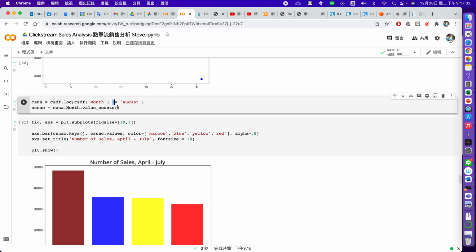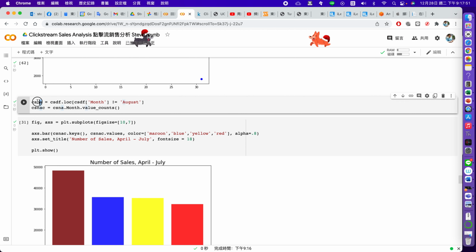It means not equal. So please retrieve the months not equal to August. So it will retrieve April, May, June, and July, not August.